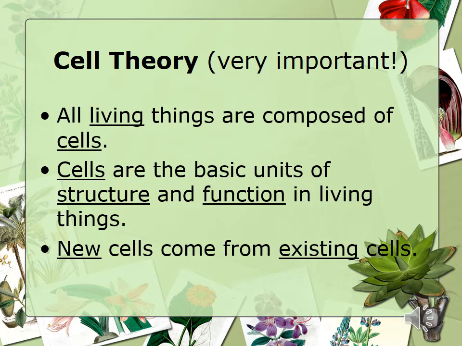Okay, and finally, the last part is that new cells come from existing cells. Now, this was something that came very late in the development of the cell theory. Many people thought that cells came from, they had seen puddles of water with nothing in them, and then all of a sudden there was little things floating around, and they thought, wow, those cells come from wet things or something like that.